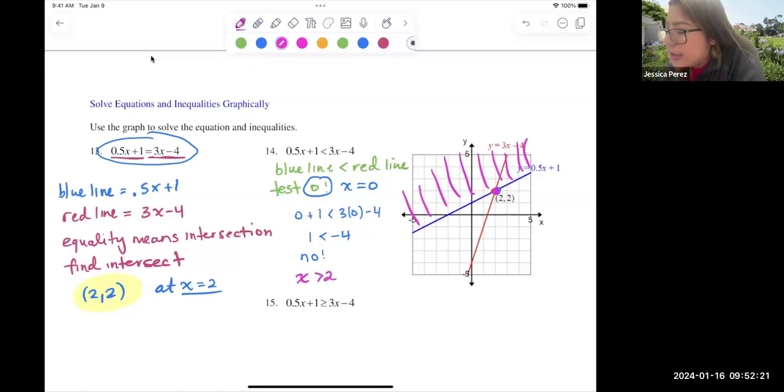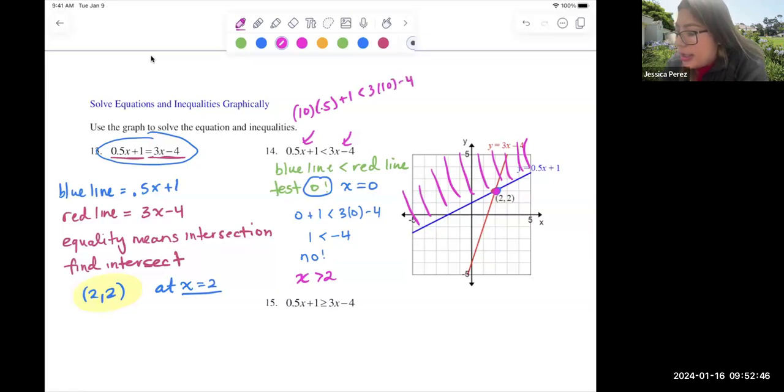So let's say that x is 3, or let's say 5, let's pick any value greater than. So let's say I pick 10. So 10 times 0.5 plus 1, is that less than 3 times 10 minus 4? What's half of 10?